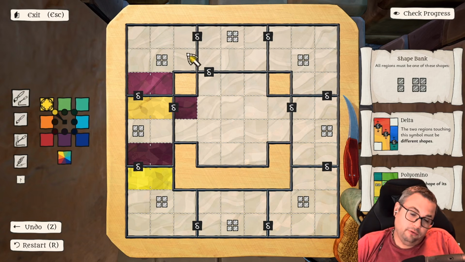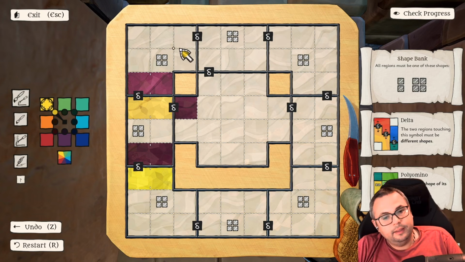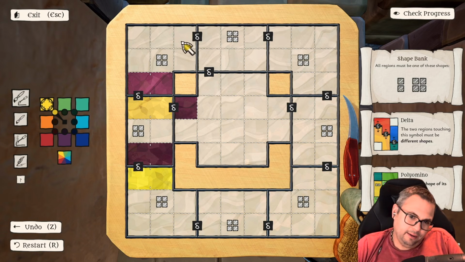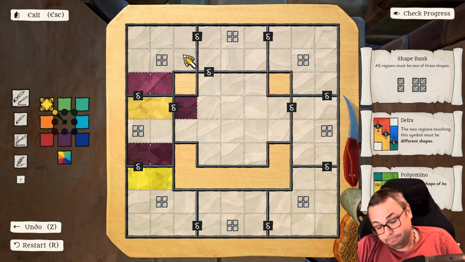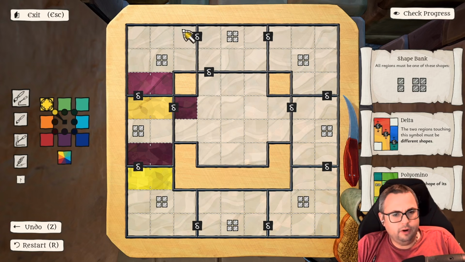So if this is also purple, then purple is domino. Is a perhaps not particularly profound statement. Otherwise, it's one of each, in which case one of these is square and one of them is domino.